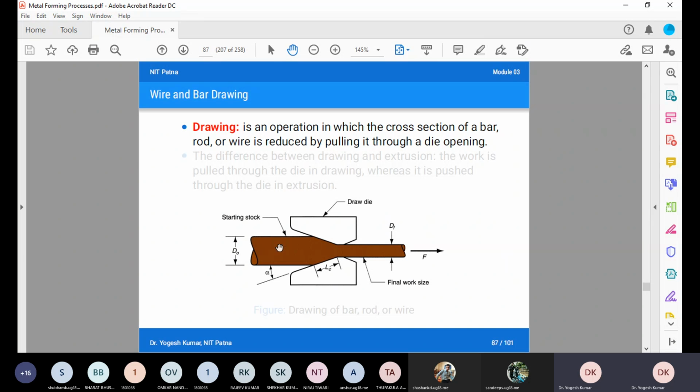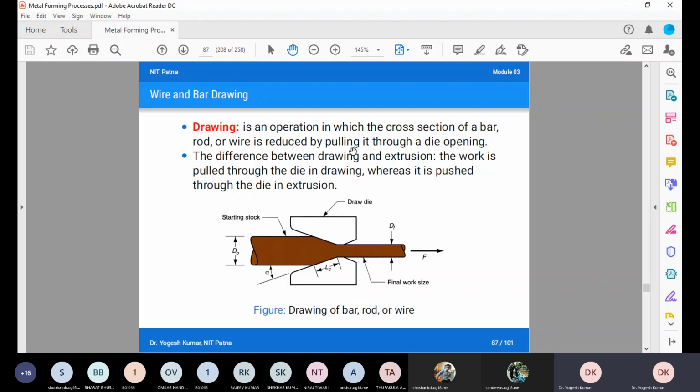As soon as this is pulled, this zone will be under compressive forces. So in drawing, it is noticeable that both kinds of stresses are developed, tensile stress as well as compressive stresses.